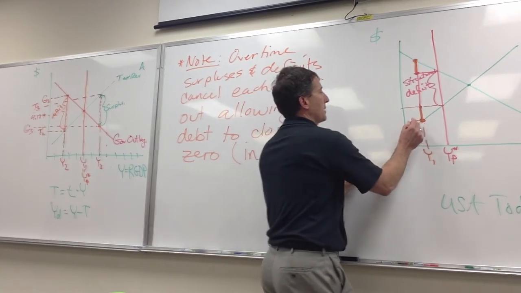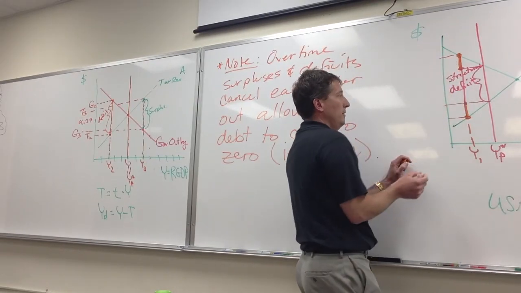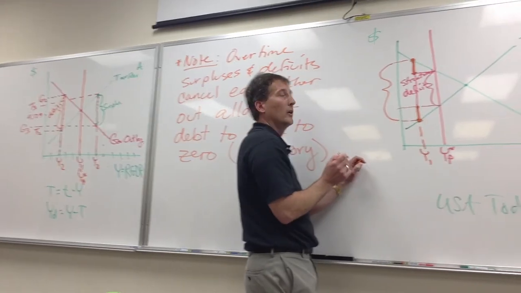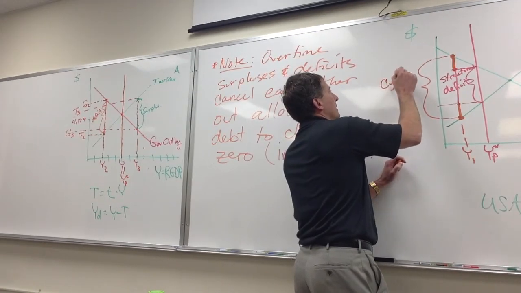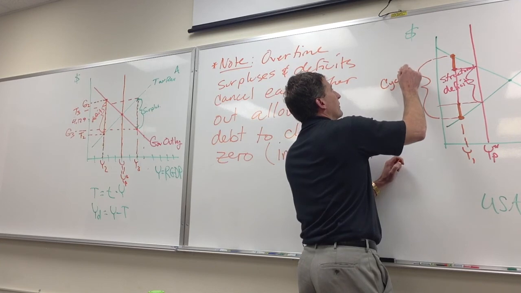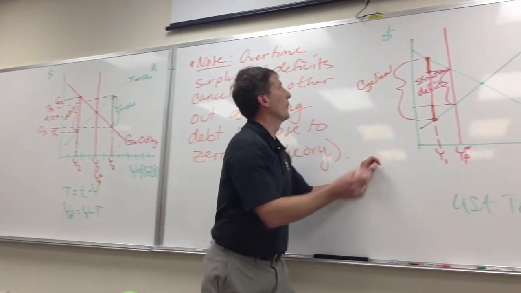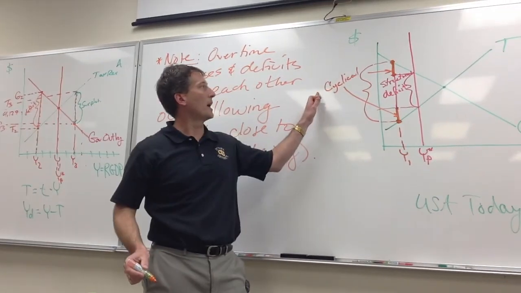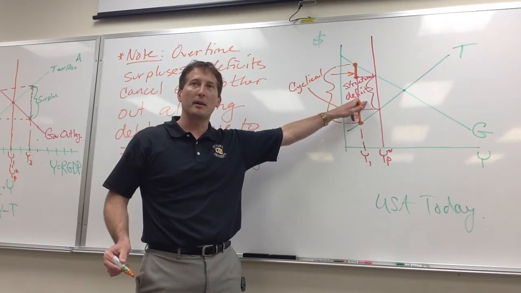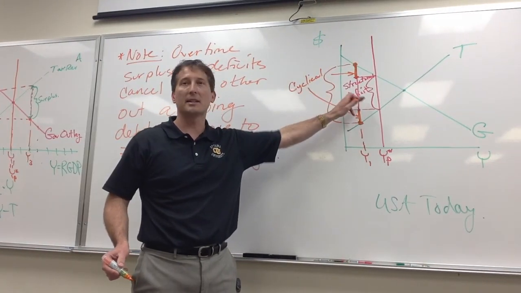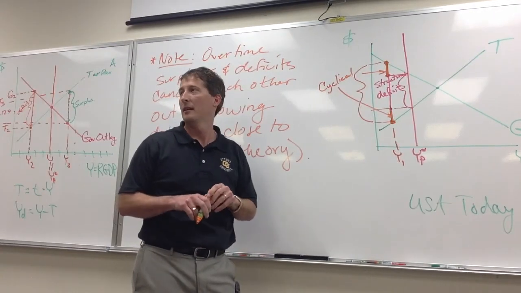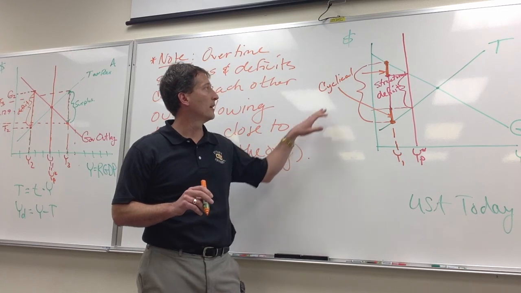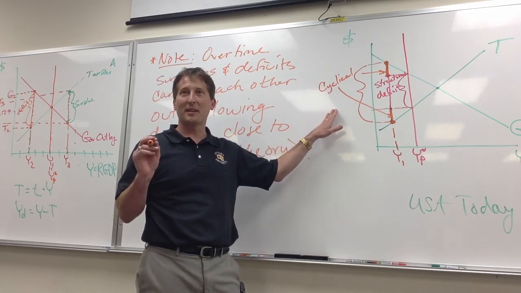So we're kind of decomposing the deficit. Here's the total, which is cyclical. Cyclical's the orange part. And structural's the red part. The red's going to be there either way.